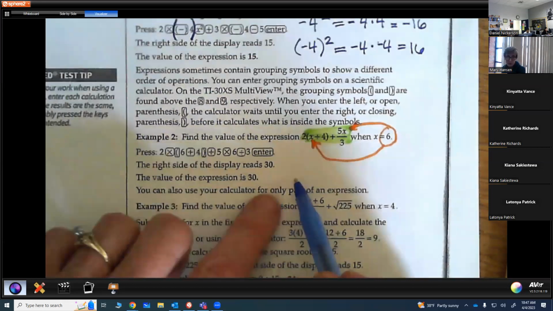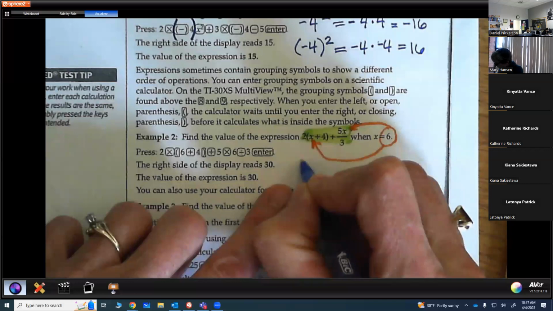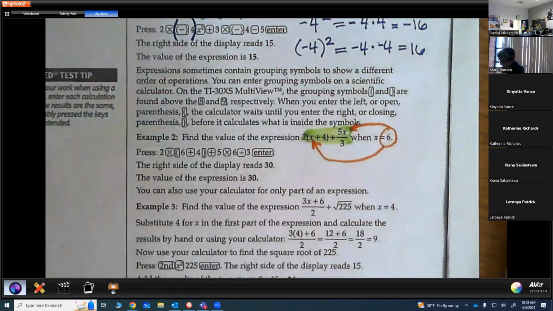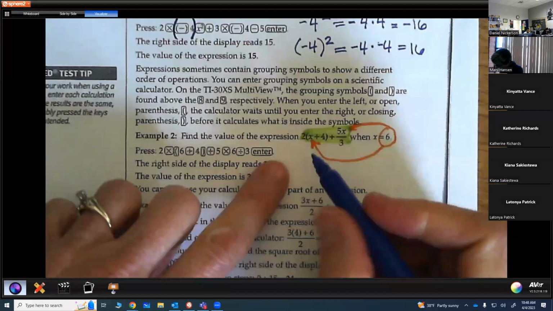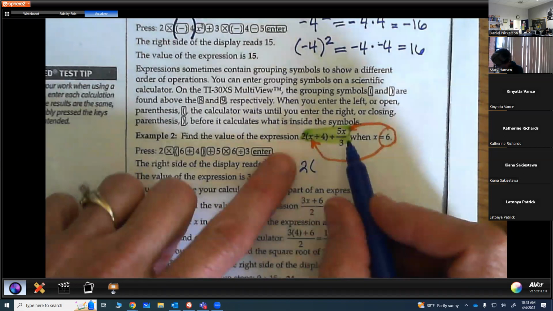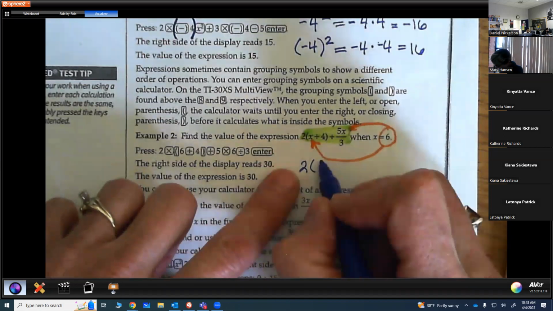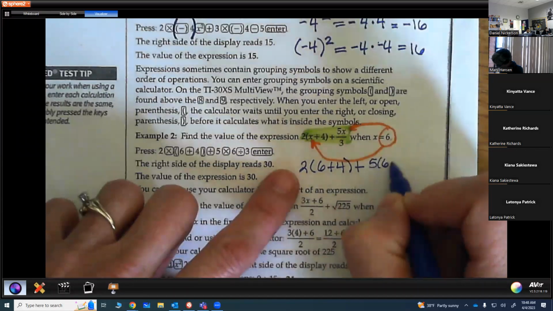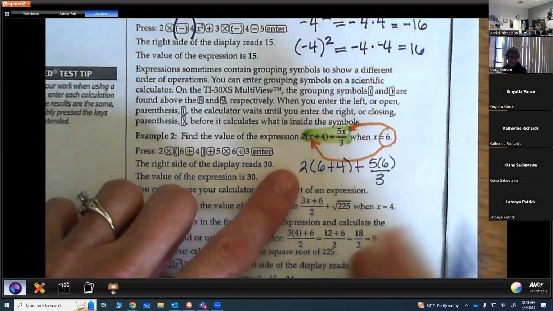And one thing that will probably help is to actually rewrite the expression putting in the value. For example, I'm going to rewrite this as 2 times 6 plus 4 plus 5 times 6 over 3.